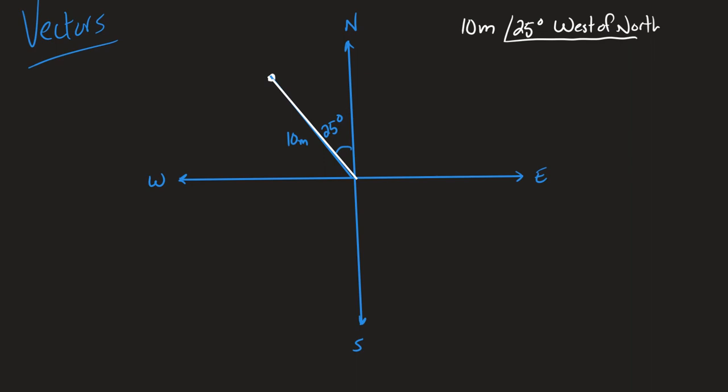Components are two vectors at right angles to each other that describe another vector. Components. I'll use that phrase a lot this year.